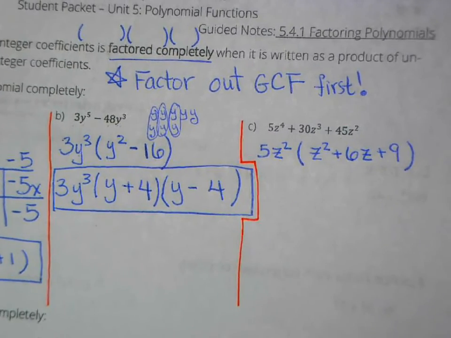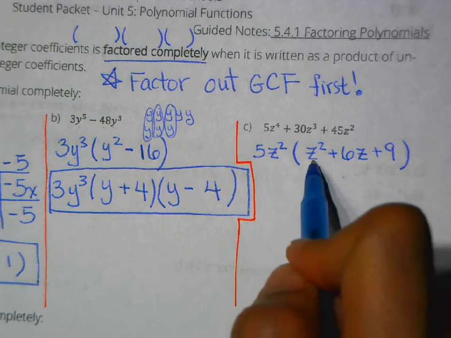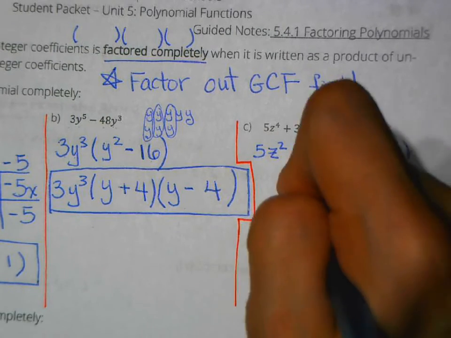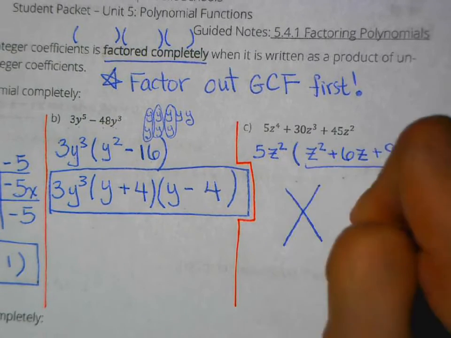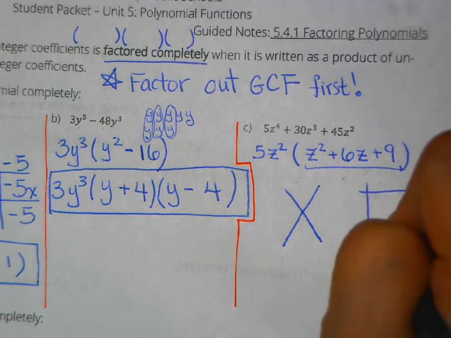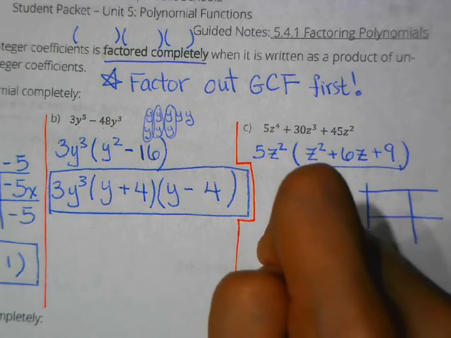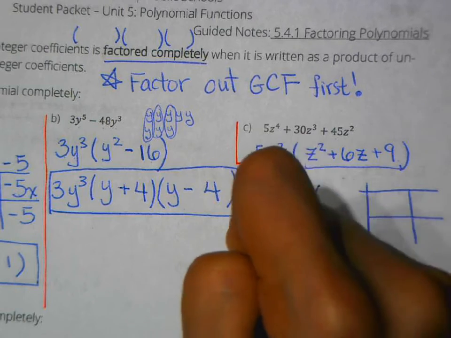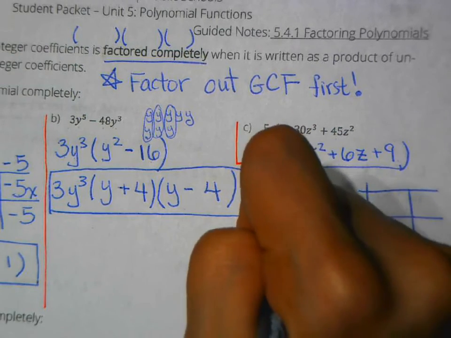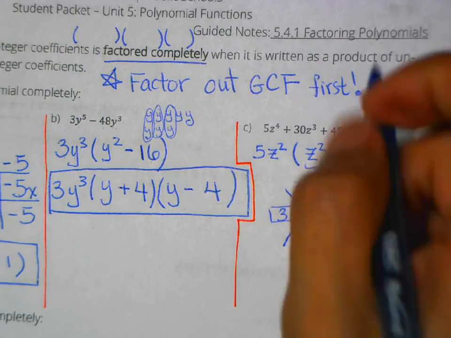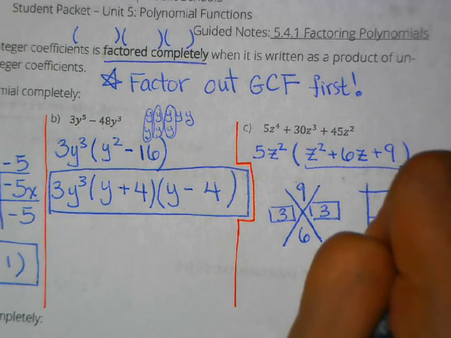Now I can look at these 3 terms. It is a quadratic, it is a trinomial, so I'm going to do an X box on this one. AC is 1 times 9, so that's 9. B is 6. The 2 numbers that multiply together to get 9 and add up to get 6 are 3 and 3. So I get 3z, 3z.